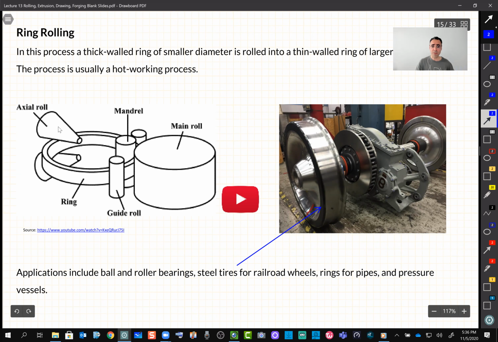We squeeze the ring between these two, and you see we have these two axial rolls, or sometimes we call them edge rolls, which have more of a cone shape, and their task is to first control the deformation in the vertical direction, and also they try to draw the ring out and make the ring larger and bigger. Please watch that video later.